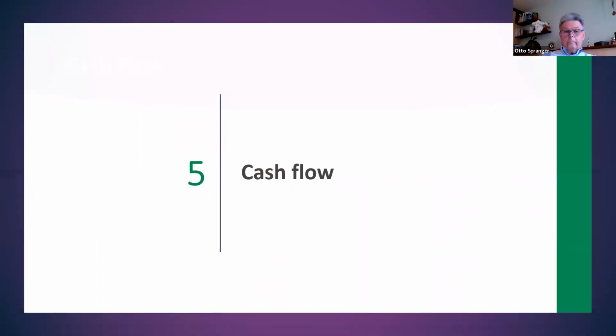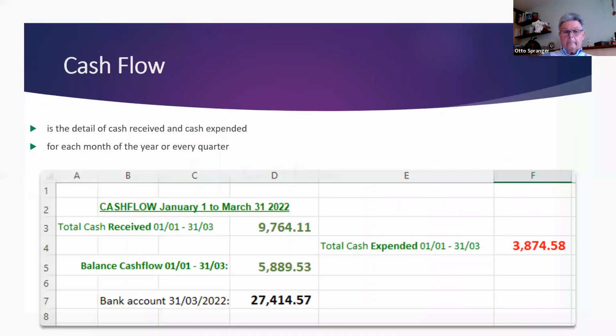Cash flow. What's cash flow? It is the detail of cash received and cash expended. You should do this for each month of the year or minimum every quarter. Here you see cash flow from January to March 31. Cash received 9,764.11 euros.